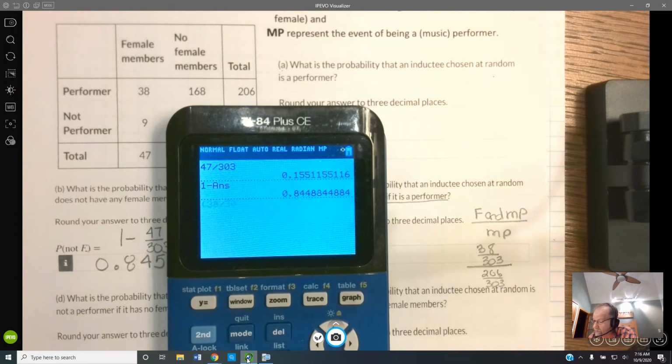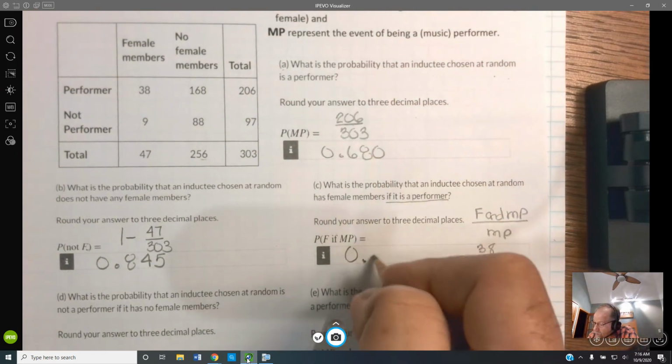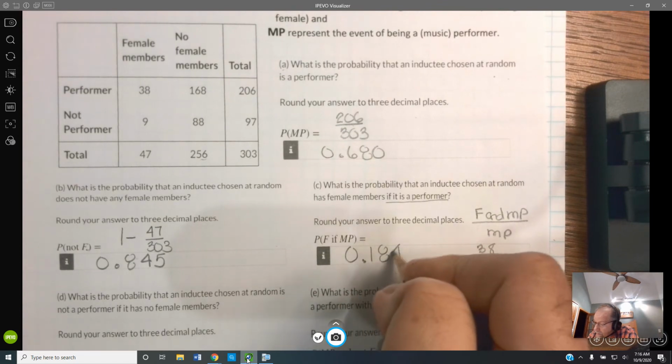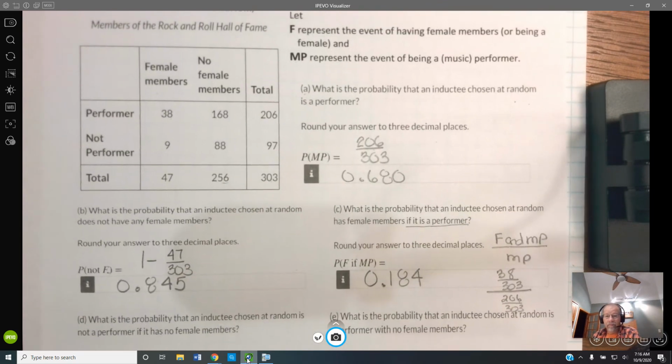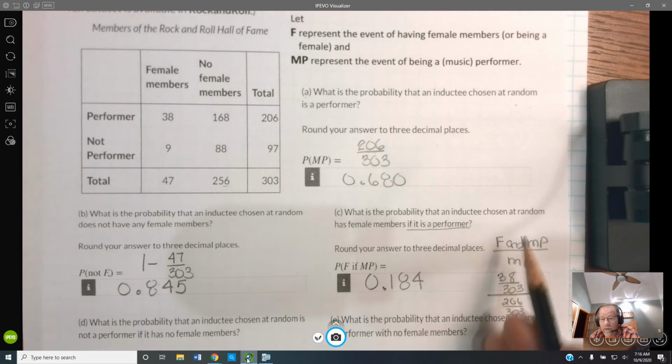I'm going to close that parenthesis off, hit the button, and I'm going to get 0.184. Now, I like to use the formula because you're going to have to use the formula, so I like that. And yes, it's a little bit cumbersome, but once you get used to it, it's very, very good.